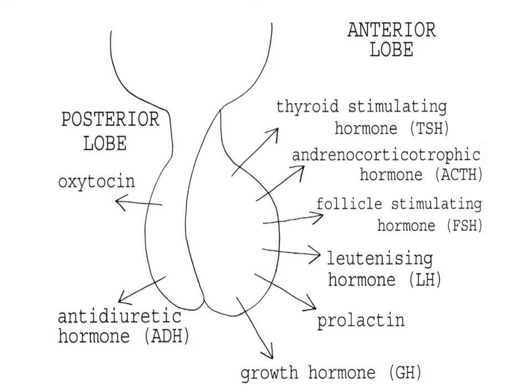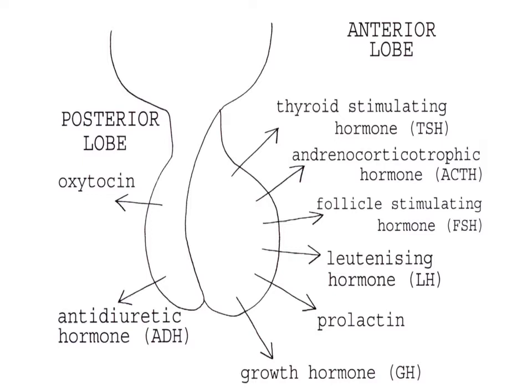It's what actually triggers ovulation, normally around day 14 of the menstrual cycle. And the luteinizing hormone also regulates the release of progesterone from the corpus luteum. The corpus luteum is what the follicle becomes after ovulation has occurred.